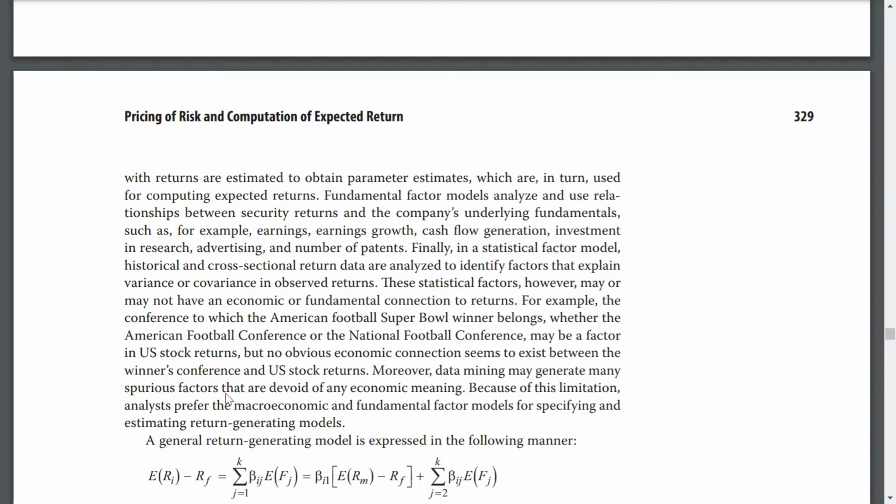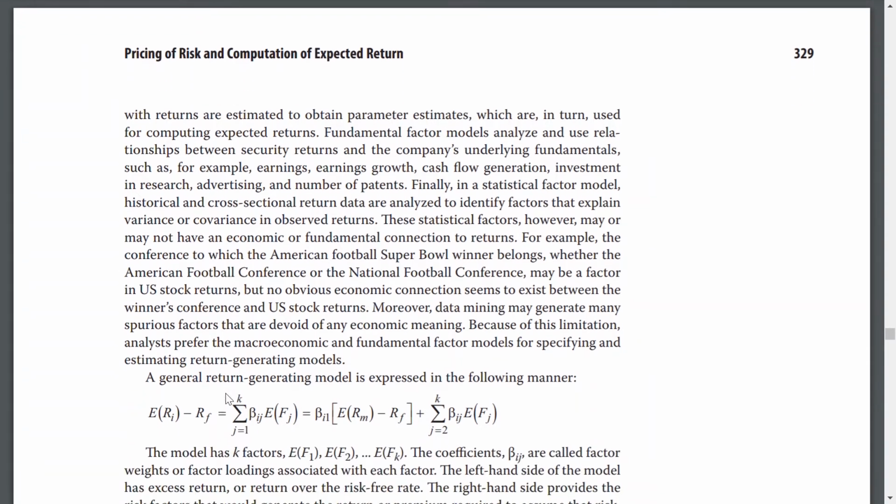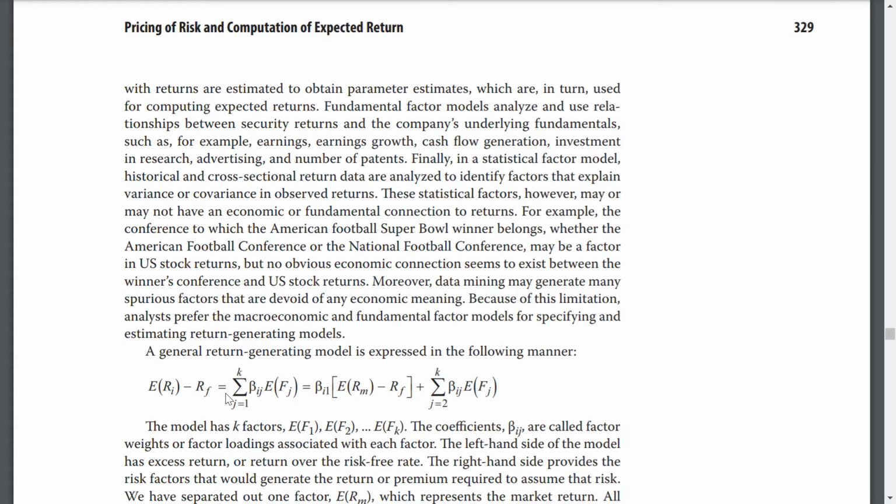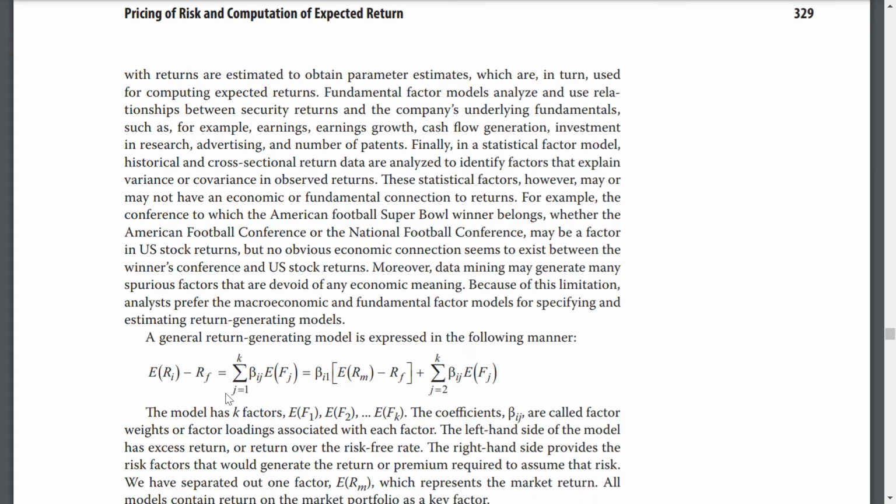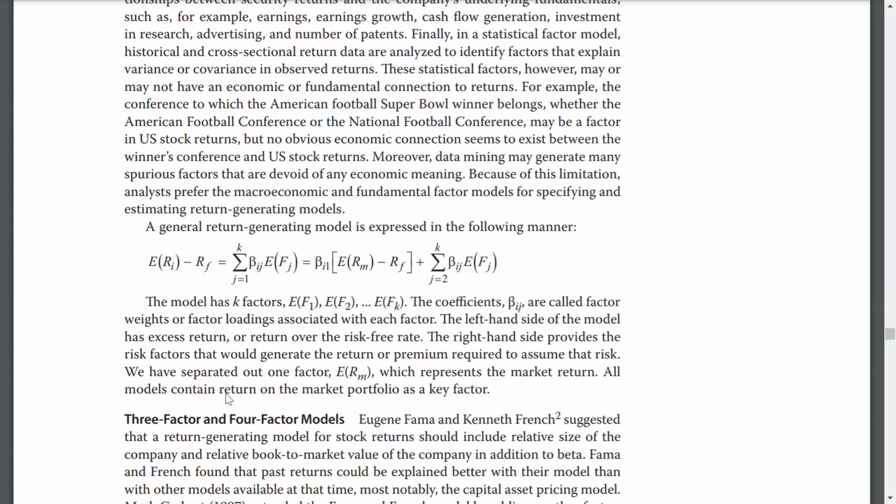For example, the conference to which the American football Super Bowl winner belongs, whether the American Football Conference or the National Football Conference, may be a factor in U.S. stock returns, but no obvious economic connection seems to exist between the winner's conference and U.S. stock returns.